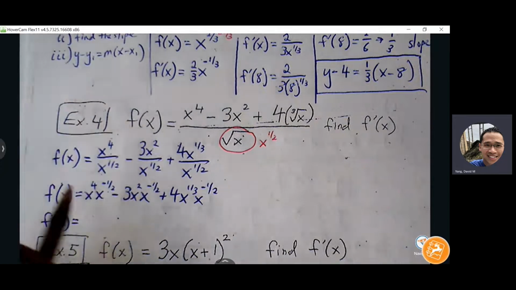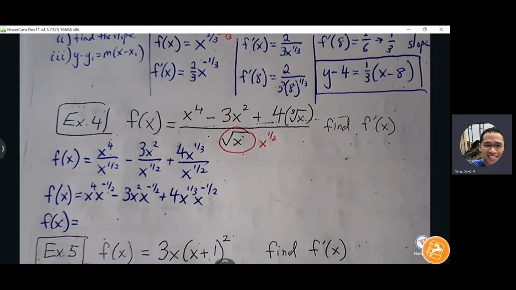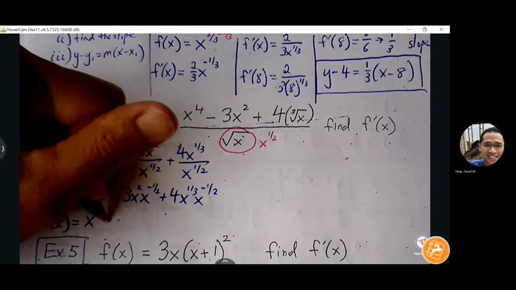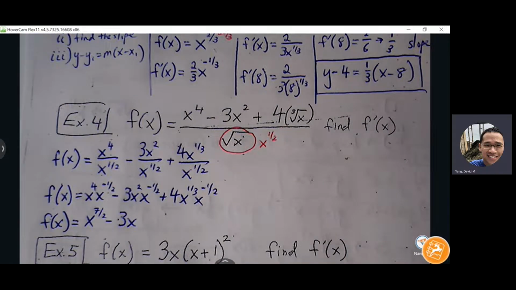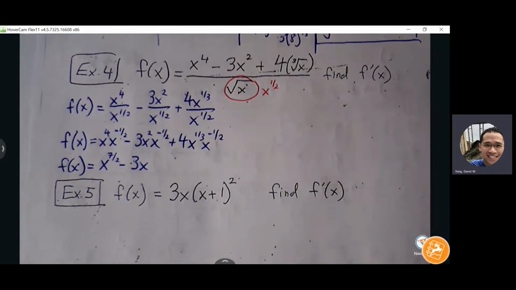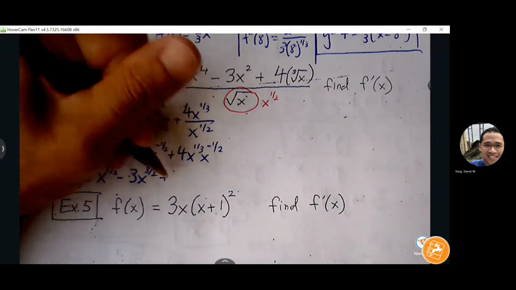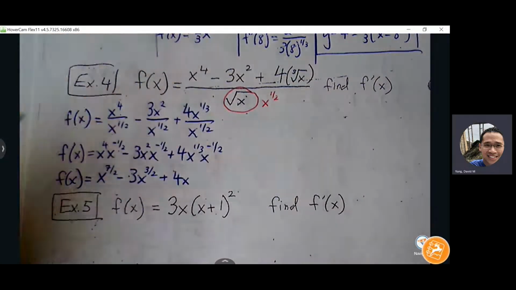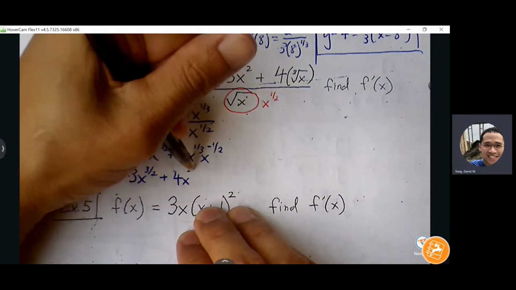So if I think in terms of common denominators, 4 minus 1/2, the same thing as 8 halves minus 1/2, 7 halves. 2 minus 1/2, the same thing as 4 over 2 minus 1 over 2. And I'm not going to do this yet because with 1/3 and 1/2, I have to find common denominators. We're using 6 for both, right?